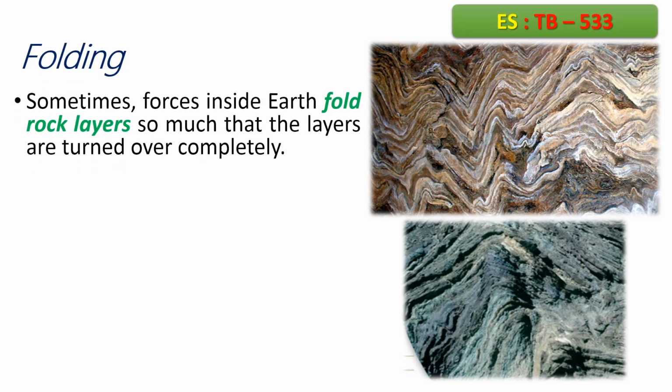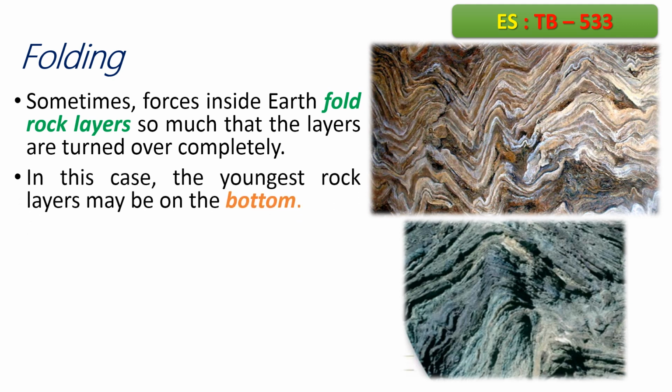Sometimes forces inside Earth fold rock layers so much that the layers are turned over completely. In this case, the youngest rock layers may be on the bottom. Look at the diagram, you can see the foldings. Sometimes the youngest rock layers may be moved to the bottom side.